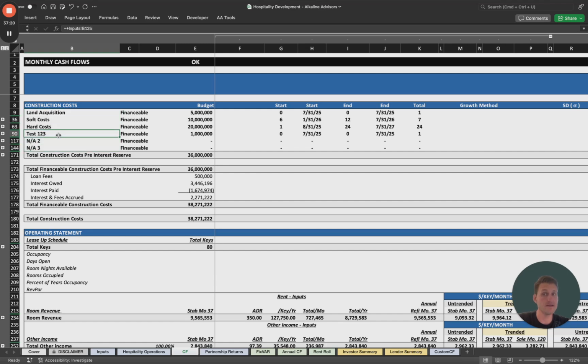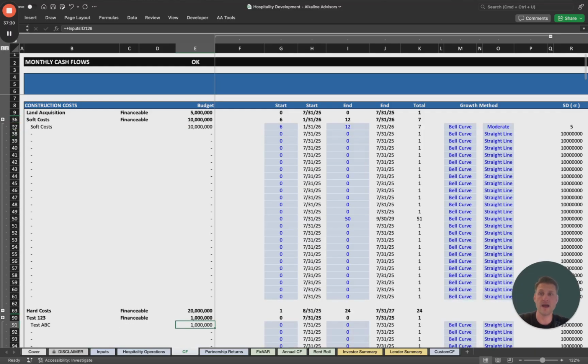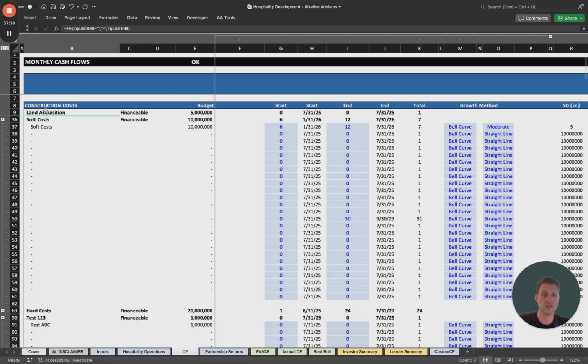Before this was NA1, now it's test 1, 2, 3. We had just added that test ABC, $1 million. Now it's test ABC, $1 million. And each of these categories are going to have their subcategories broken out, and you can expand them to see all of the components of the category, or you can hide them to just see that main category line item.